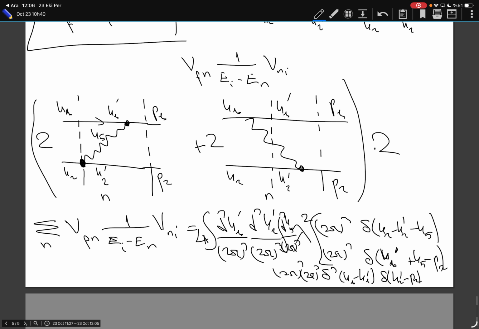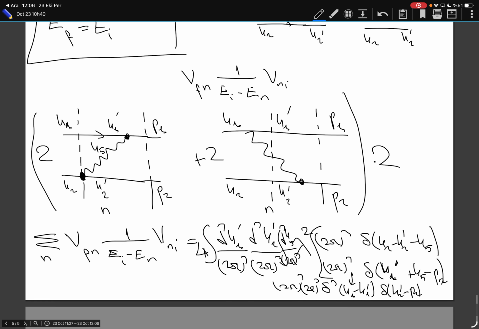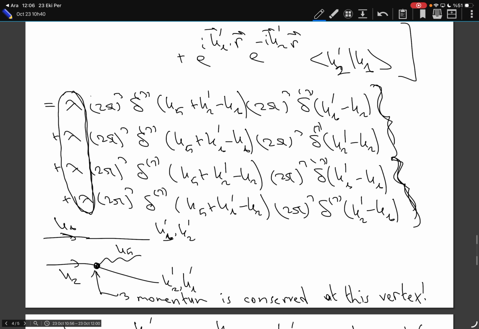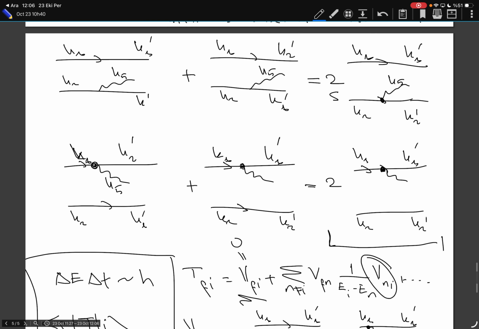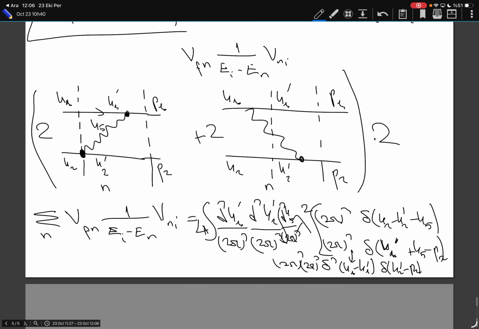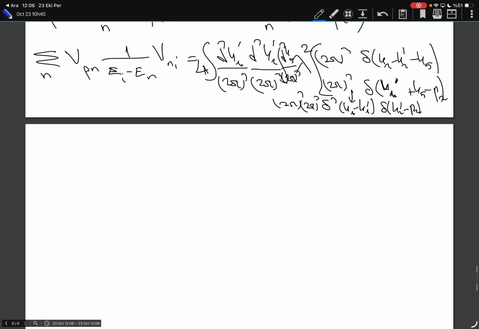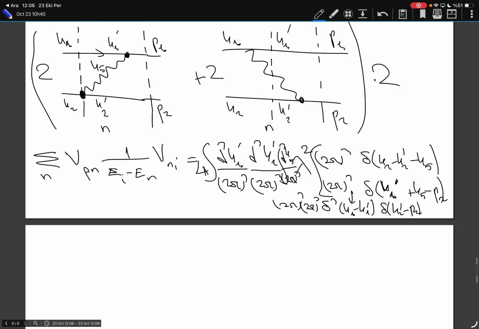This is K1. That is this other Dirac delta. Look at this expression over here. At each vertex insertion, I have 2 Dirac deltas. So when I multiply 2 V's, I get 4 Dirac deltas. This is the contribution from the first diagram.